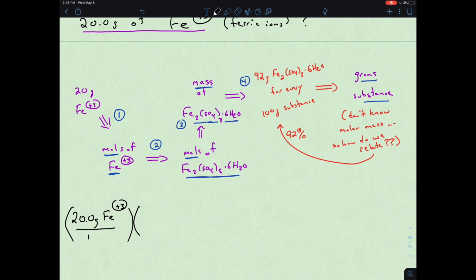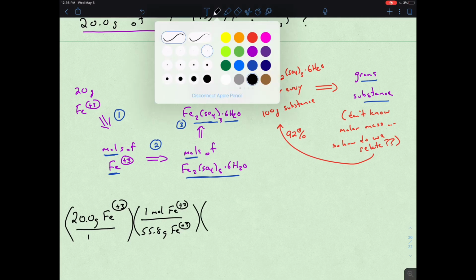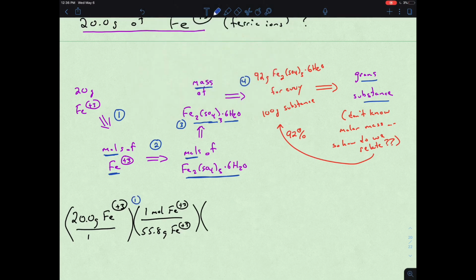So it's really advantageous not to just write grams or moles, but to really write what we're describing in terms of the grams or the moles. So here we would convert using the molar mass for our iron plus 3. All right, get that off the periodic table. So there is our first conversion, allowing us to get to moles of the iron.